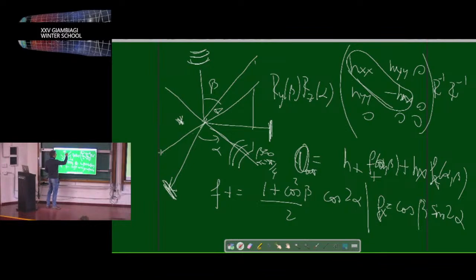Whereas all other directions give you some slight modulation, but they don't give you 0. They might give you 0 for some specific angle, but just on one of the 2 polarizations. So this 45 degrees always kills the F cross, but never kills the H plus, unless you are at beta equal to pi over 2.